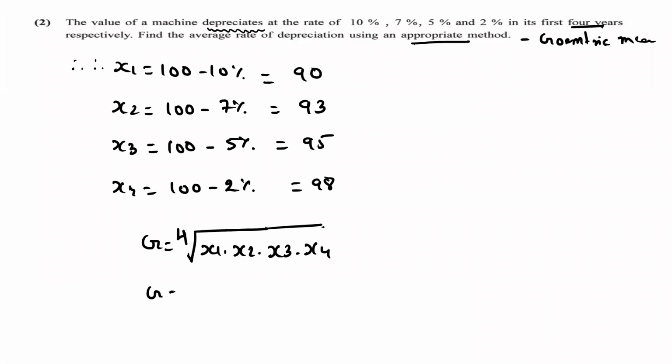X1 value, how much we have to put? 90 into 93 into 95 into 98. Now just calculate and give it to me. Take your calculator: 90 into 93 into 95 into 98.